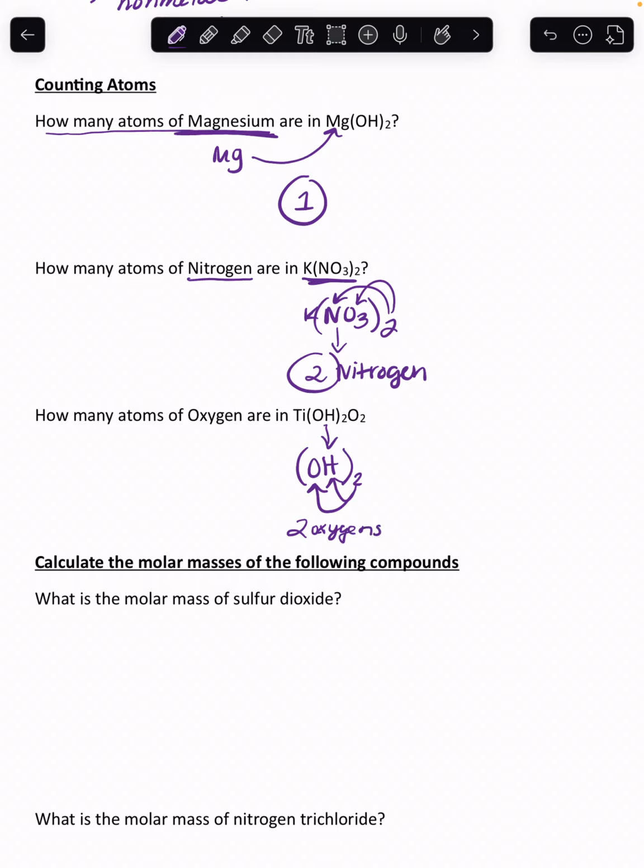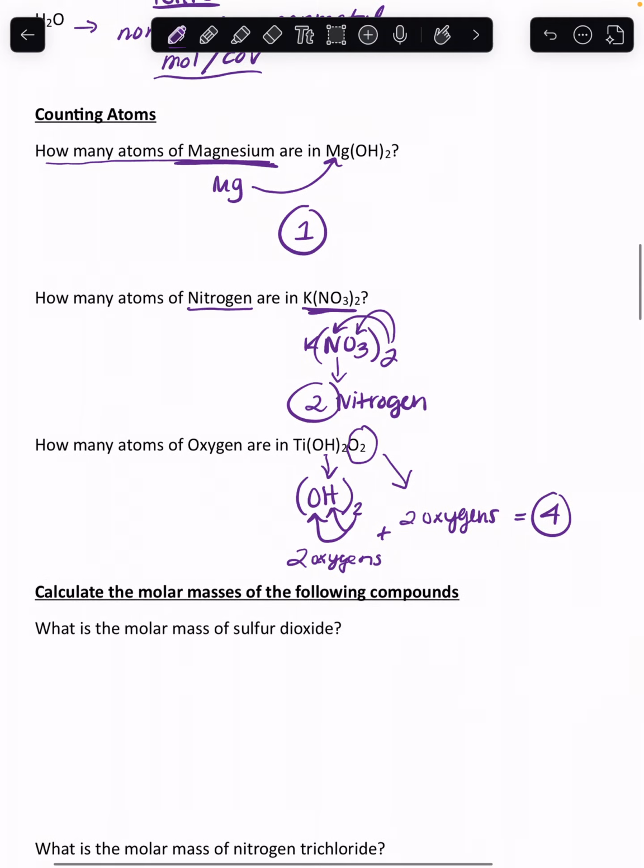And then I have an O2 over here. So I have another 2 oxygens. So just add them together. 2 plus 2 equals 4. We have 4 total oxygens in this large titanium hydroxide compound. So that is the third section of the online exam.